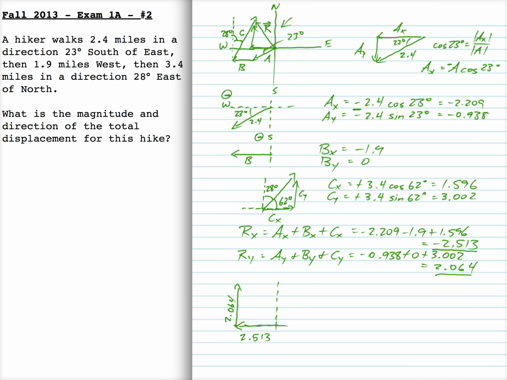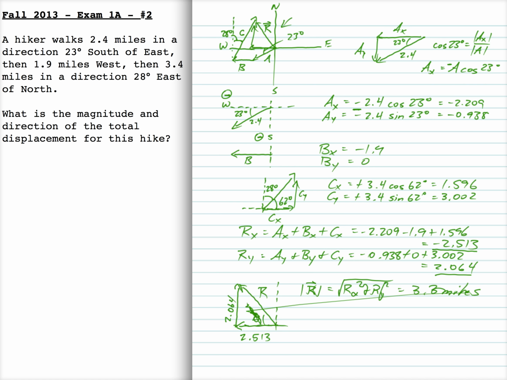That's positive, so it points up. I need to find the resultant, and I need to find the angle theta. The magnitude of the resultant can be found with the Pythagorean theorem, and that's 3.3 miles.